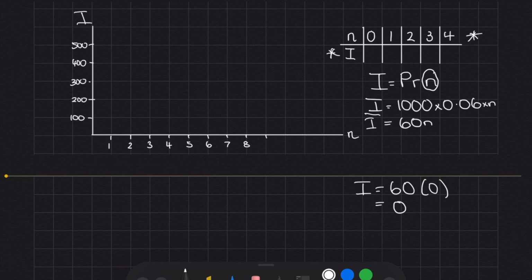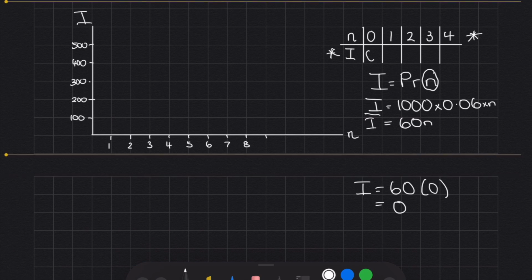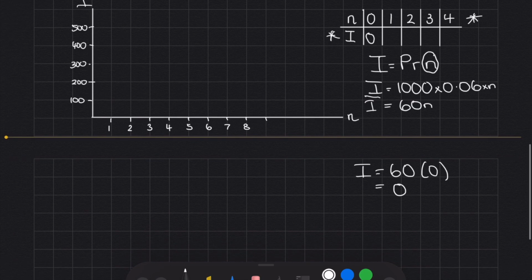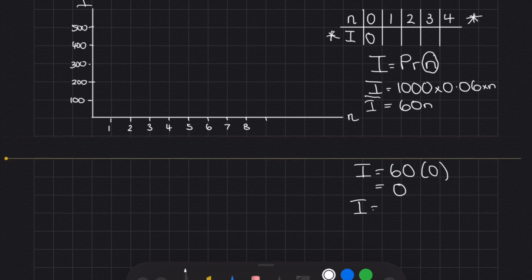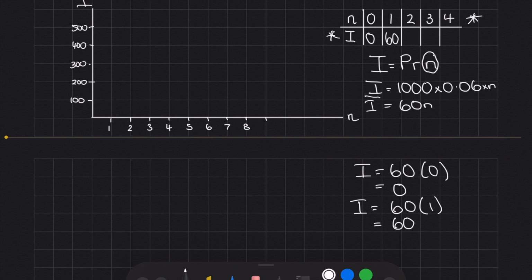So where N is 0, we put in I equals 0. Then we do the same for N equals 1. 60 times 1 equals 60. So when N is 1, I is 60.